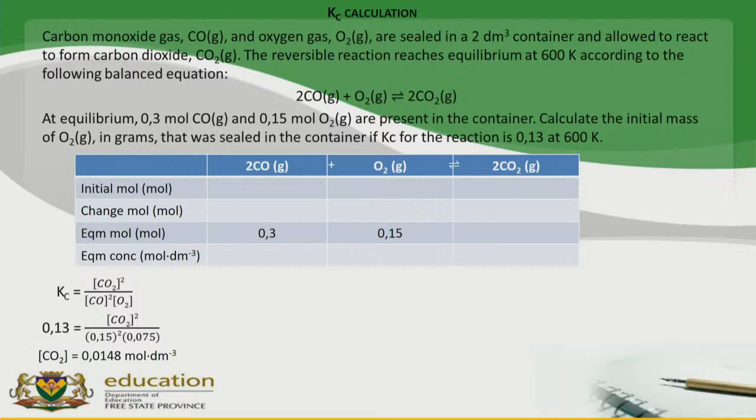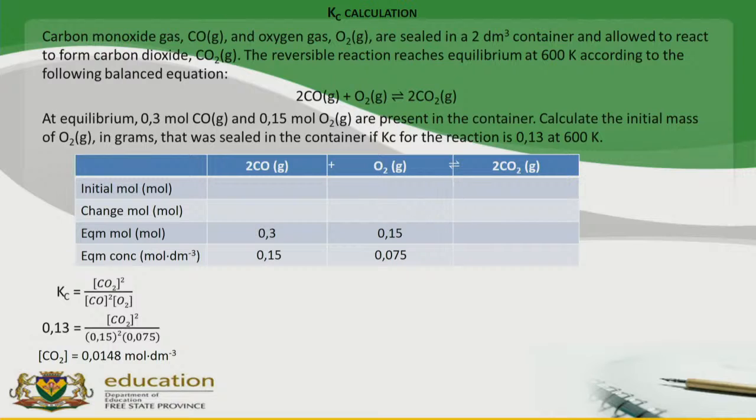From what I have, I can calculate the concentration of carbon monoxide and of oxygen. I have the Kc value. It means I can calculate the concentration of carbon dioxide, which is 0.0148.